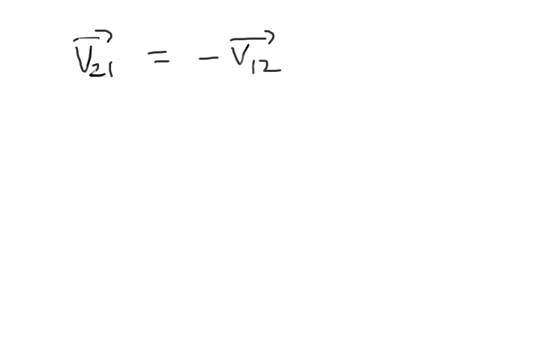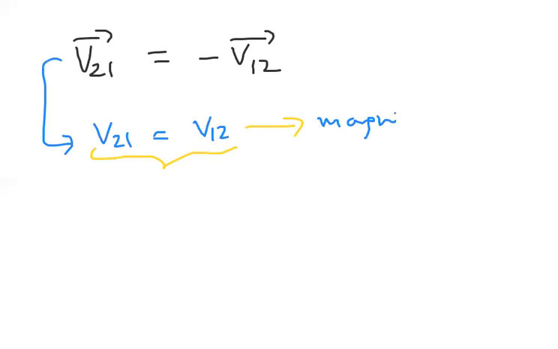That means A with respect to B and B with respect to A have the same magnitude. V21 is equal to V12 in magnitude, but the directions are opposite.